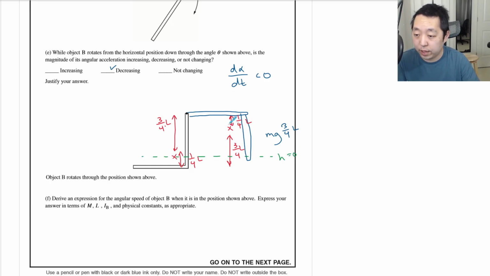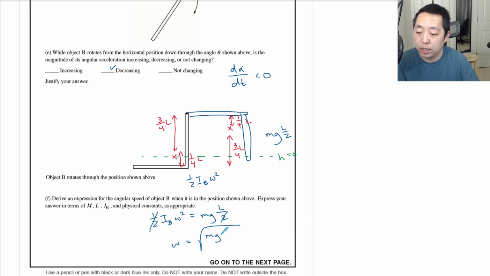From there to there, if you reason it out, it's only 1/2 L. And then down here, it just has rotational energy, 1/2 I_B omega squared, and we're going to set them equal to each other. This L over 2 is because the center of mass only drops L over 2, not the full L. And so the 1/2s cancel, and omega would be the square root of mgL over I_B.